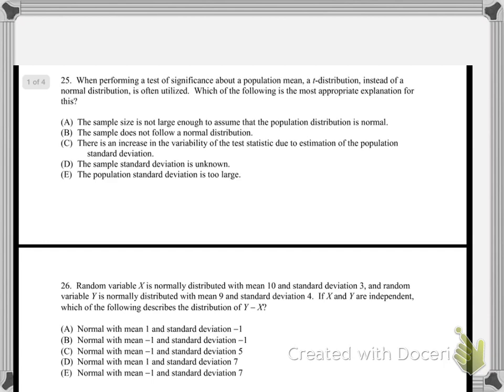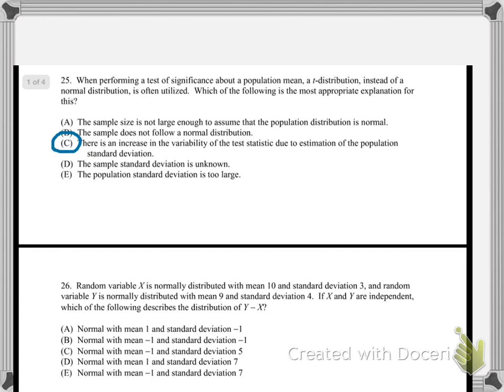All right, and when we do that, there's just more room for error. All right, so if you read all these guys here, the answer to number 25 is C, and that is because sometimes we don't know what the standard deviation is. We have to use it from the sample.